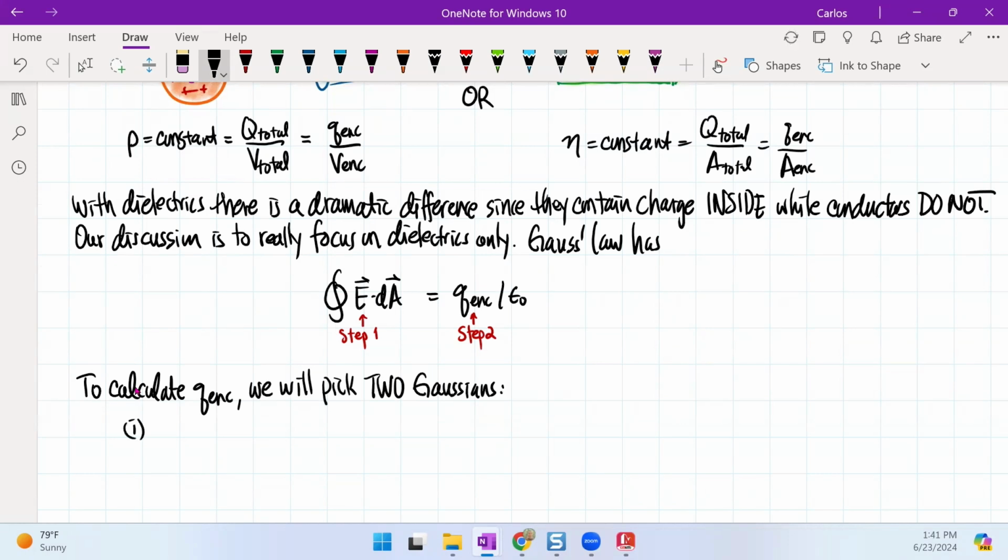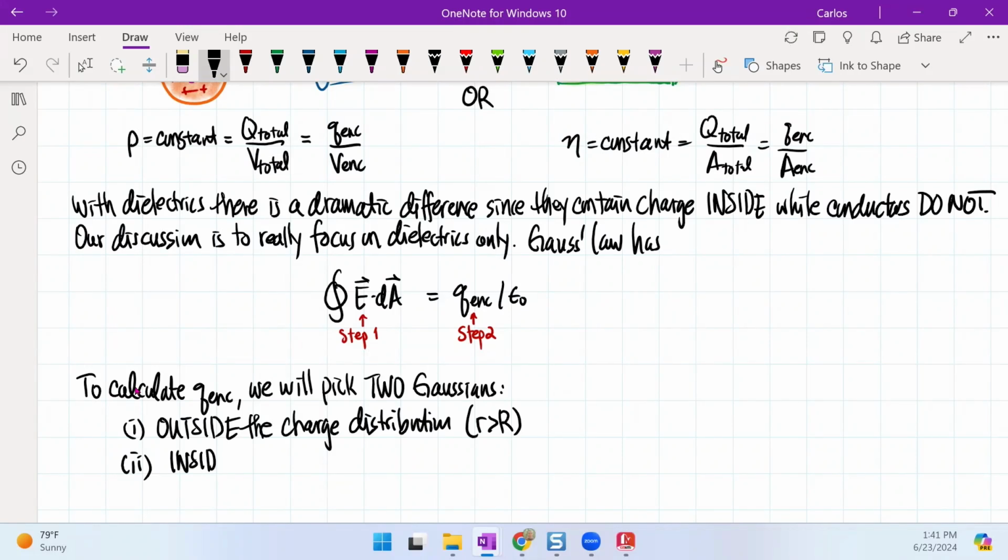The first one is then going to be outside the charge distribution. And in other words, this picks R bigger than big R, and that applies for insulators and conductors. It's the second one that's the most important one. We want to look at inside the charge distribution.